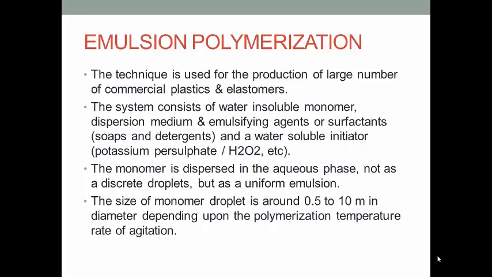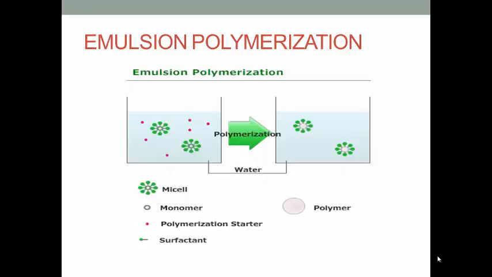In the water solution, when the emulsifier concentration rises above a specified level, emulsifier molecules associate to form a micelle. The emulsifier is comprised of hydrophilic and hydrophobic parts, associated with the hydrophilic part on the exterior, in other words the water phase.